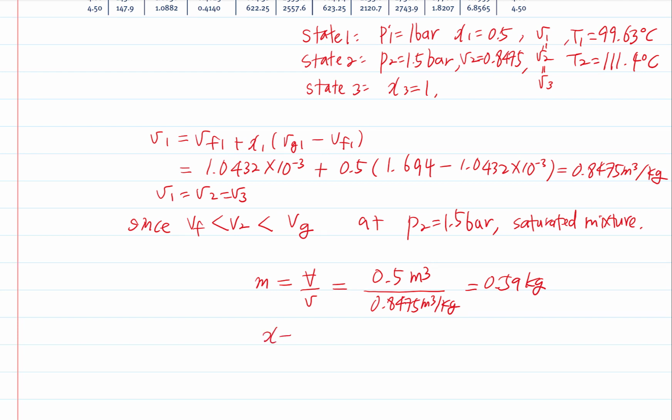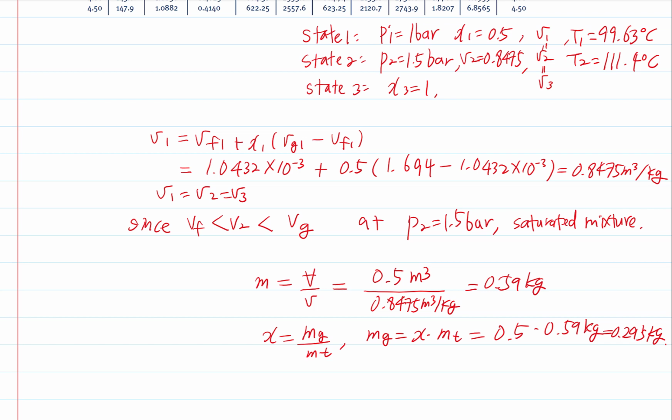Quality is defined as mass of the vapor divided by the total mass. So the mass of the vapor is quality times total mass, 0.5 times total mass. So this is the mass of the vapor at state 1.